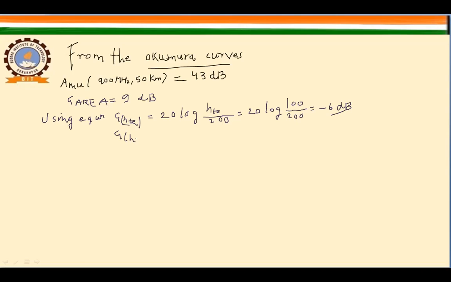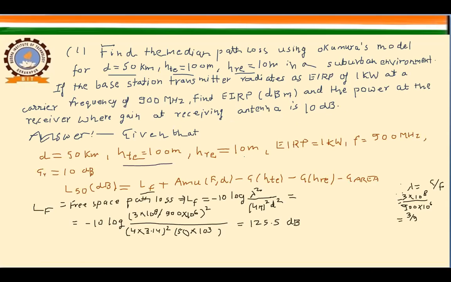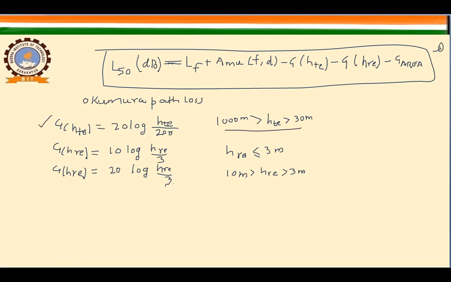G of h of r is 10 meter. So 10 meter lies in this equation, where it is greater than 3 meter.